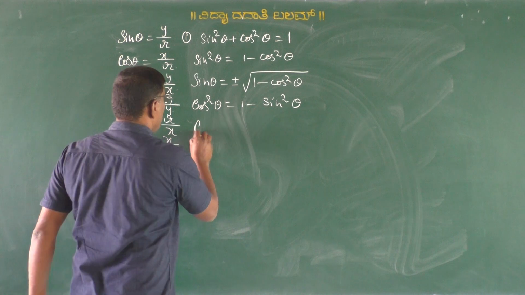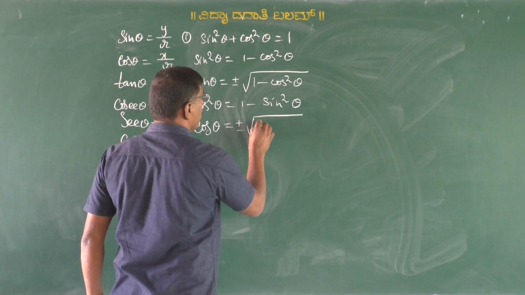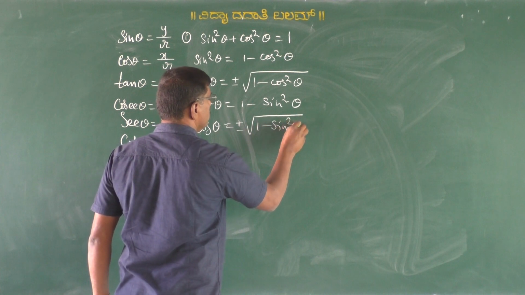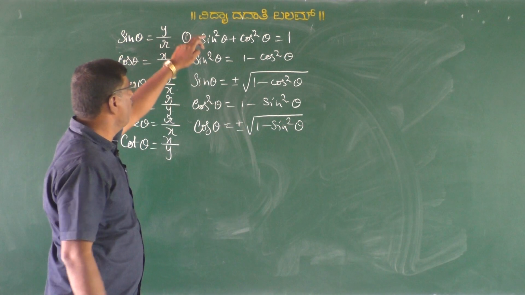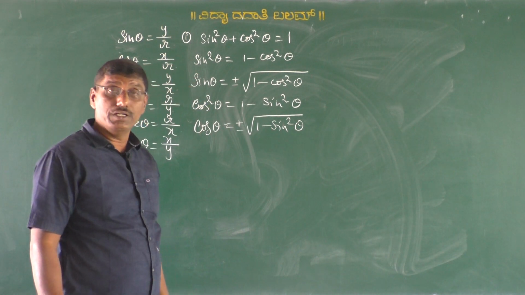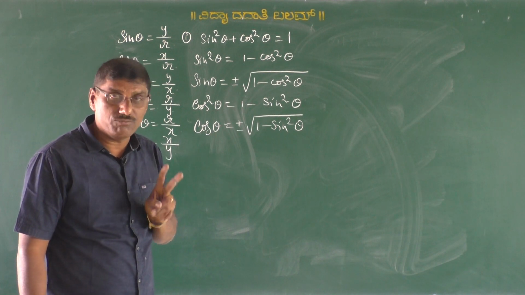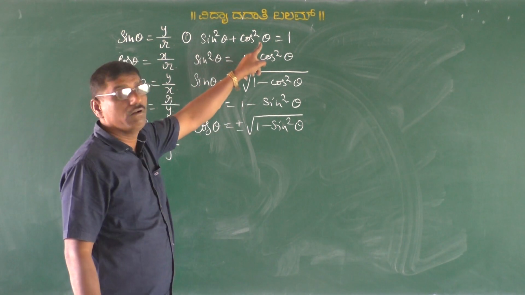From this, cos theta is equal to plus or minus root of 1 minus sin square theta. These are all 1, 2, 3, 4, 5 identity formulae involving two trigonometric functions, that is sin and cos.